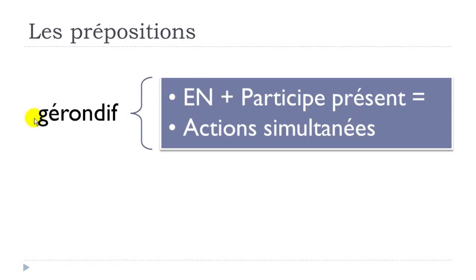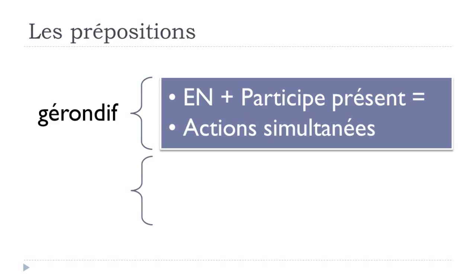The meaning of the gérondif is when you want to introduce two actions, an action simultanée, so technically two actions that take place at the same time. And the way we construct that is, of course, because it's the lesson, the préposition en, and then after that you will put this participe présent form that you don't know yet how to make, but we'll see that in a coming lesson.